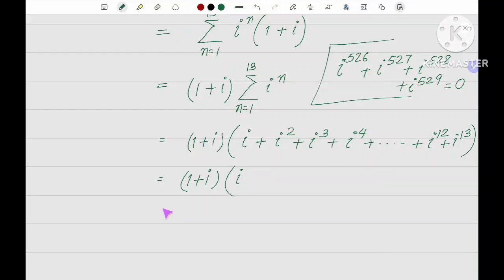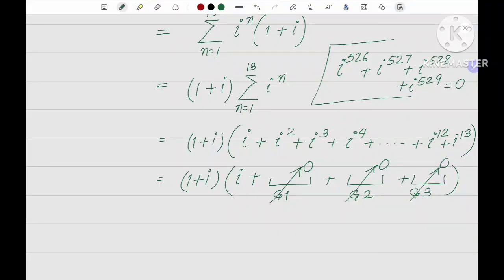I will take i plus group 1 plus group 2 plus group 3, where each group is the summation of 4 consecutive powers of i, and that I can straight away put to 0. So I am left with only i.